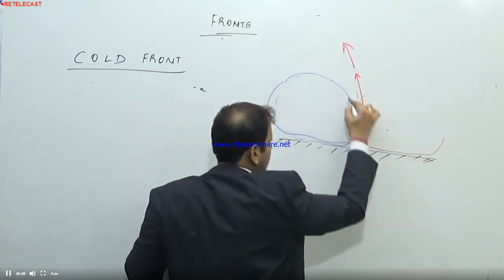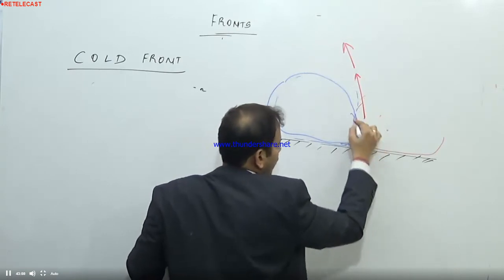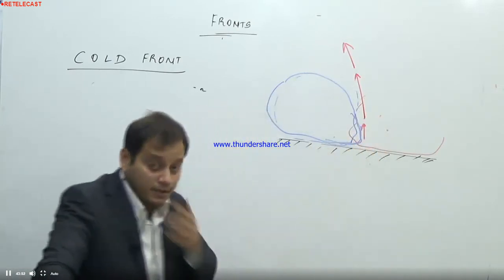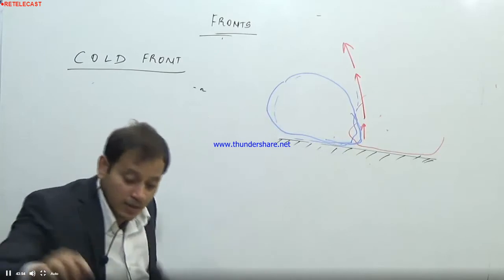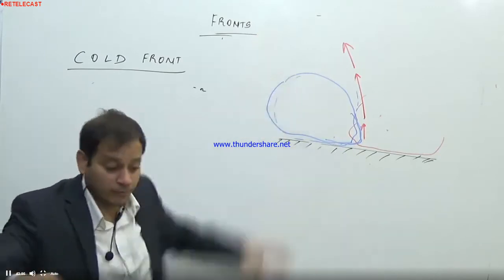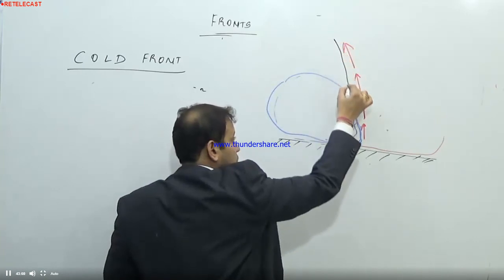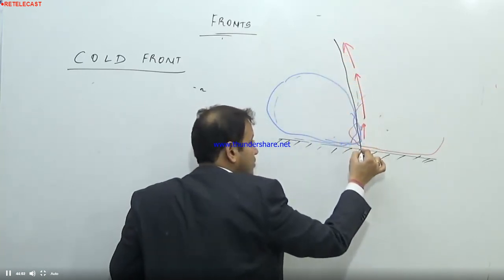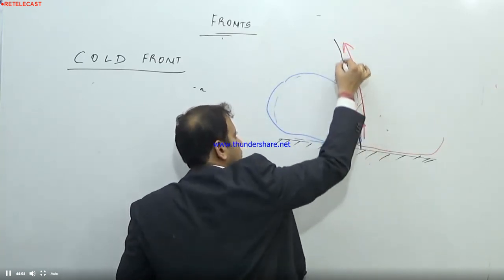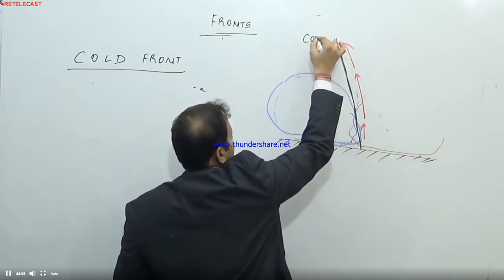It will throw this warm air and occupy this territory. The warm air is thrown upwards more or less vertically, and as a result, the sloping boundary between warm and cold air is known as a cold front.